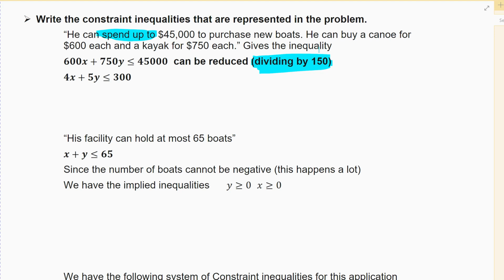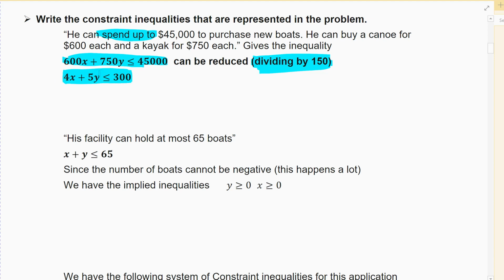And since I am going to use this example as my theory behind a very important theorem we're going to deal with, I am going to use the reduced form. So this is an example of where we started out with this. I divided everything by 150, and I reduced it down to a slightly more manageable one I can graph a little easier. Again, you don't have to do that. It just makes the numbers come out a little nicer when I go to graph.